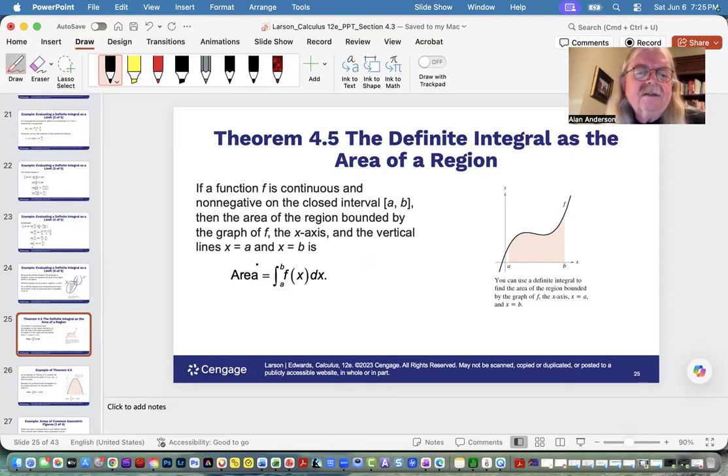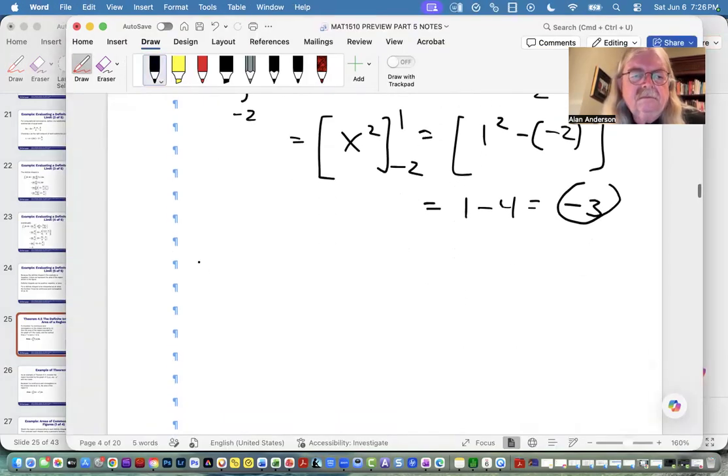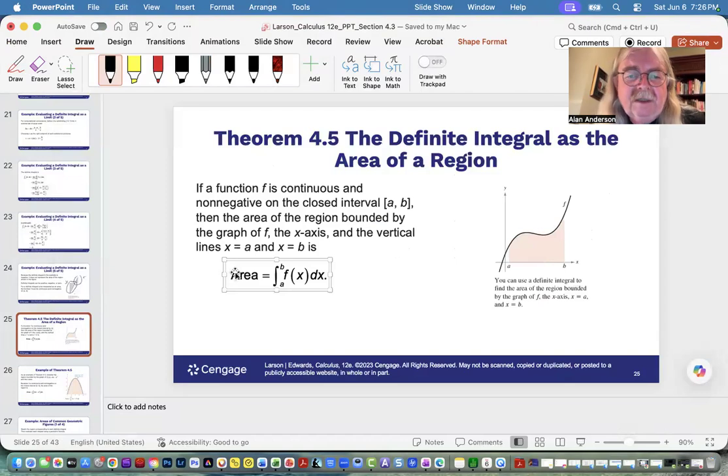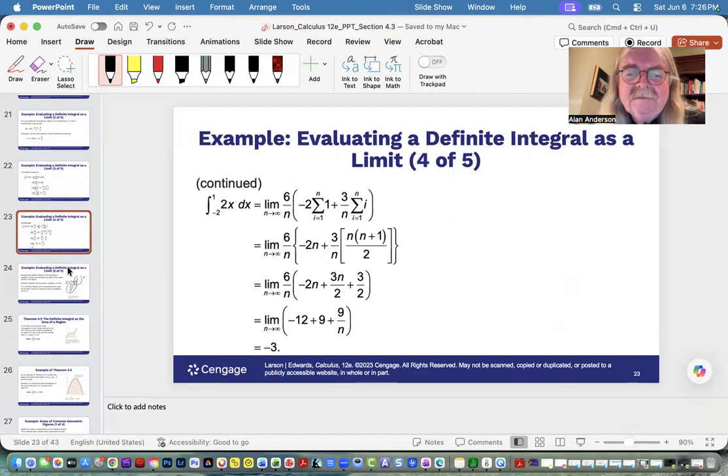We'll write it like this. And nobody says you have to use the limit approach. As you can see, it's a very, very messy approach. And it leans very heavily on those definitions we had, the sum of the i's, the sum of the i squares.